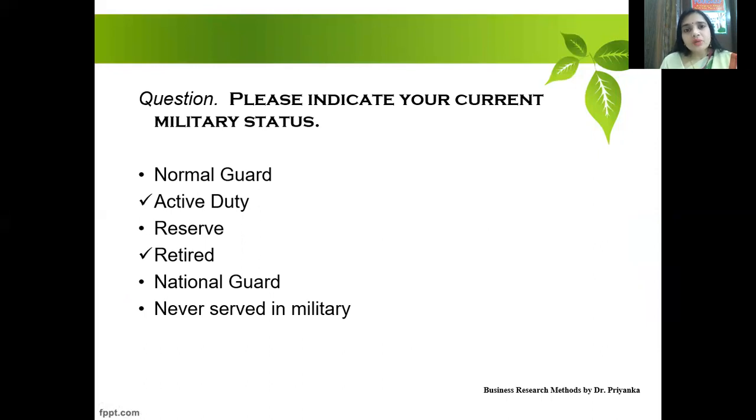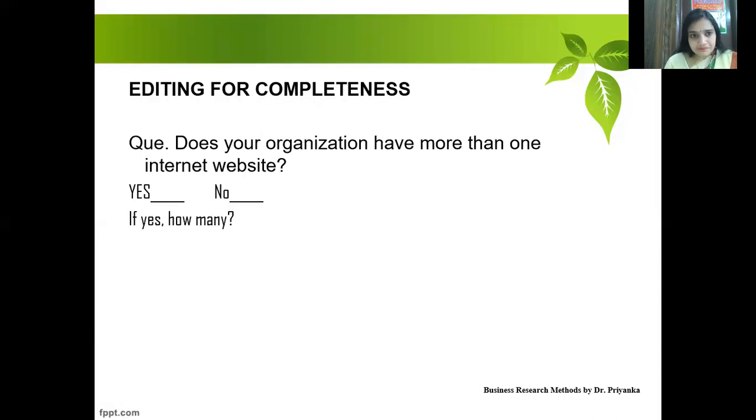When you were talking to the respondent, you know what kind of answers he replied, and when you go and check in the evening what answers you got from the respondent, now you know how he replied and what his actual status was, whether active duty or retired. So now you'll be able to get it rectified. This is a kind of job by the field editor.